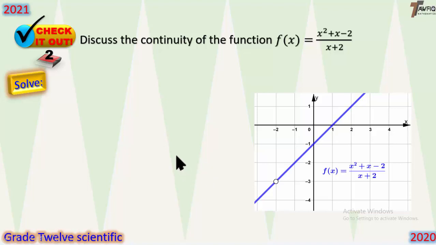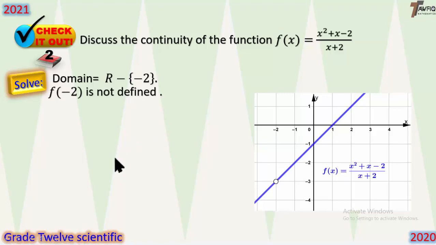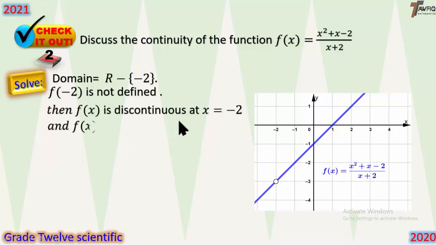As you can see, the domain of this function is all real numbers except minus 2, and f of minus 2 is undefined. The function f(x) is discontinuous at x equal to minus 2, and f(x) is broken at x equal to minus 2.